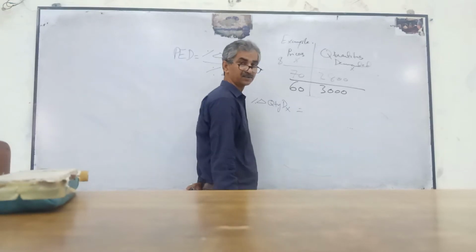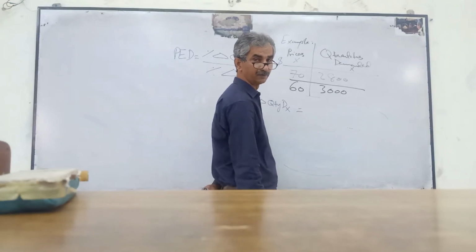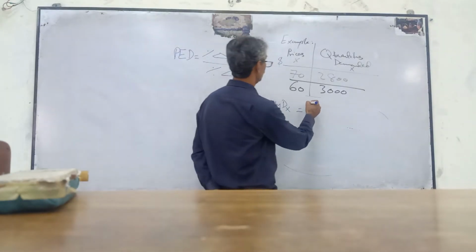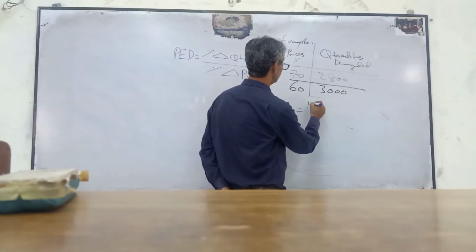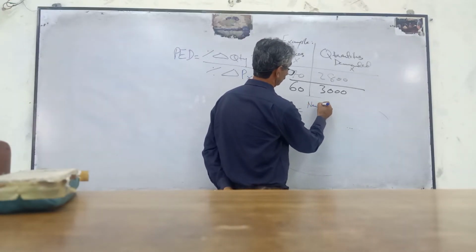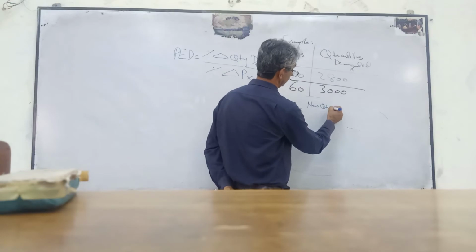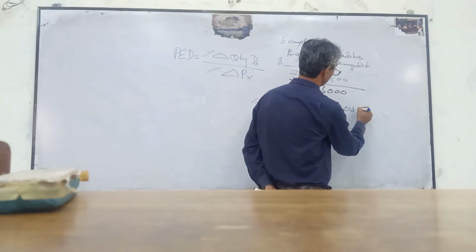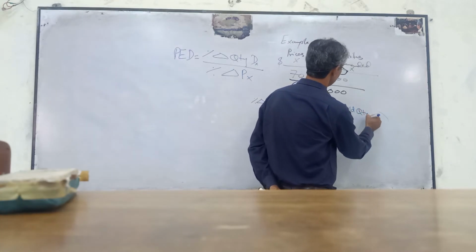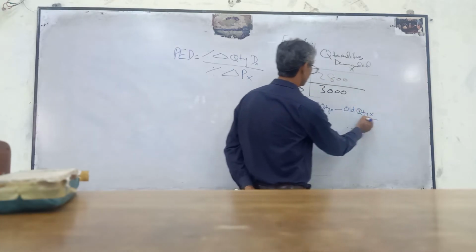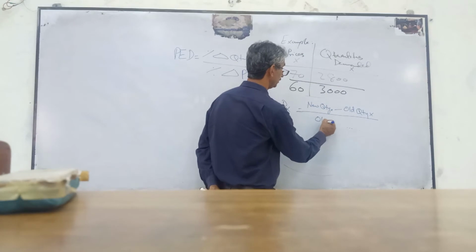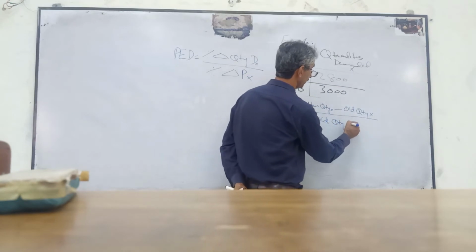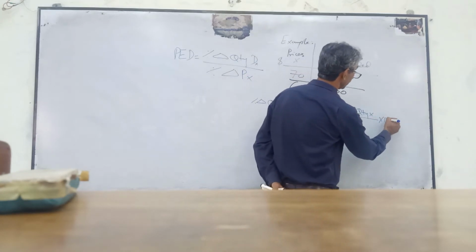To calculate the percentage change in the quantity demanded of X, we use the new quantity of X minus old quantity of X divided by old quantity of X into 100.